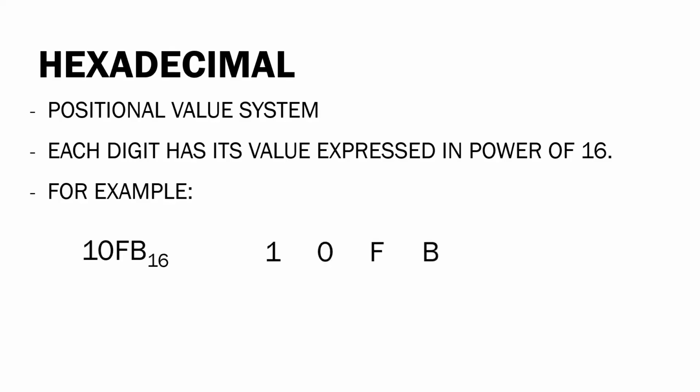So in 10FB, since this is hexadecimal, the rightmost digit has a positional value of 16 raised to 0. Okay? And the next digit is 16 raised to 1, 16 raised to 2, and 16 raised to 3.